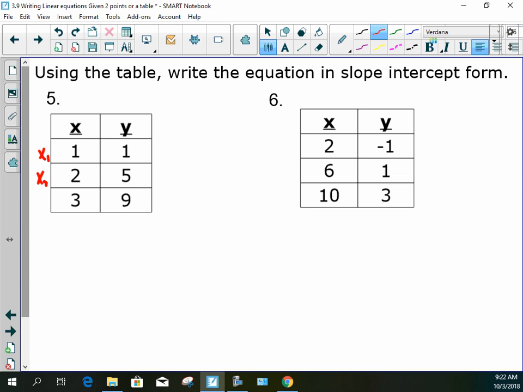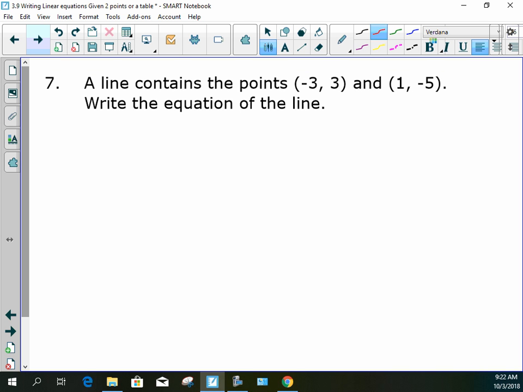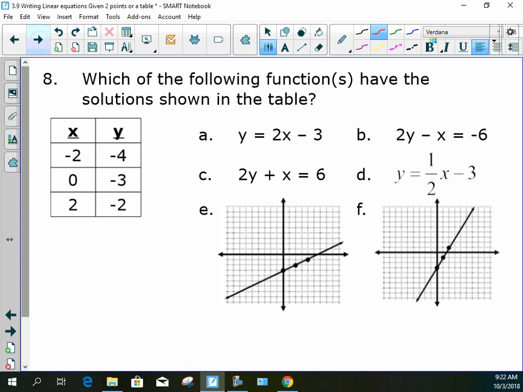X1, X2, Y1, Y2. The process is the same. X1, Y1, X2, Y2. Find your slope, put it in, solve for b.